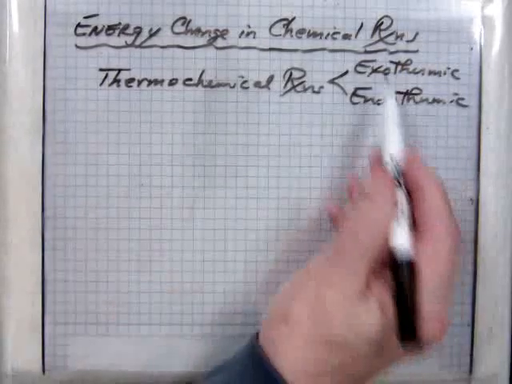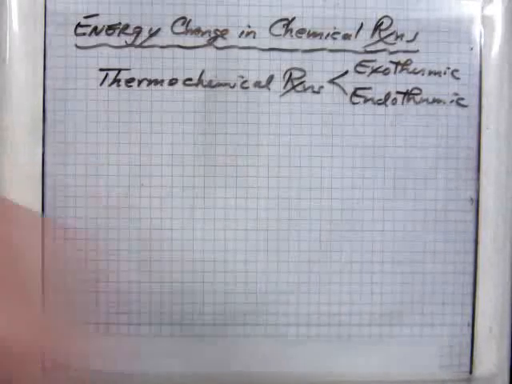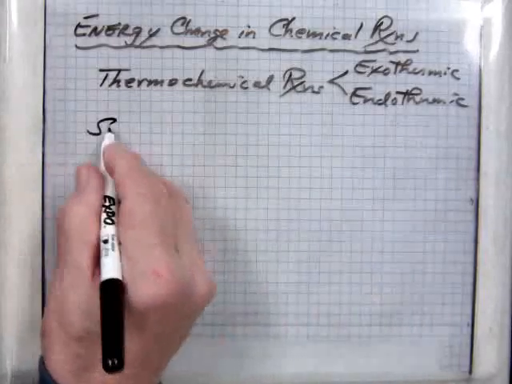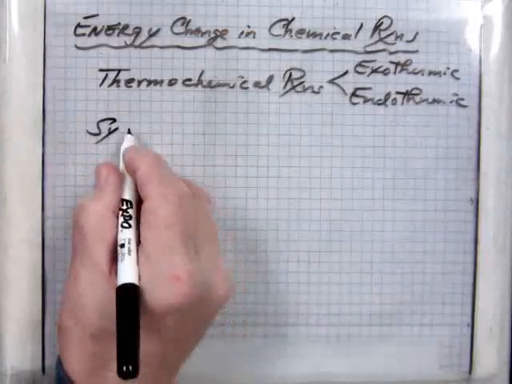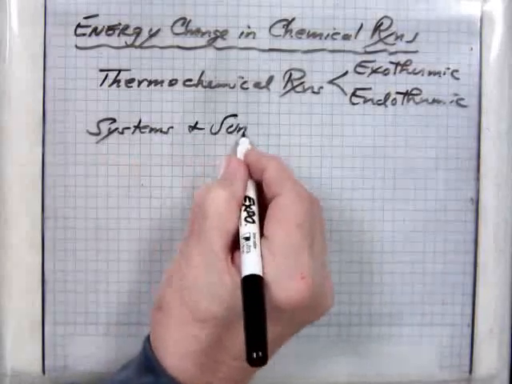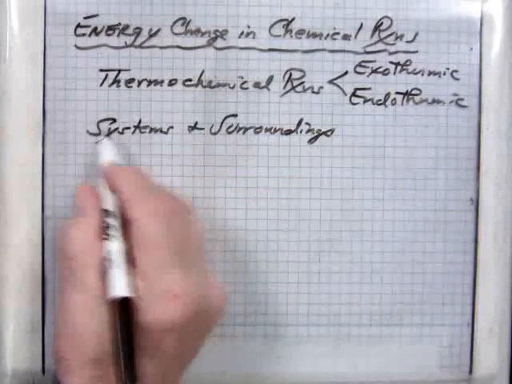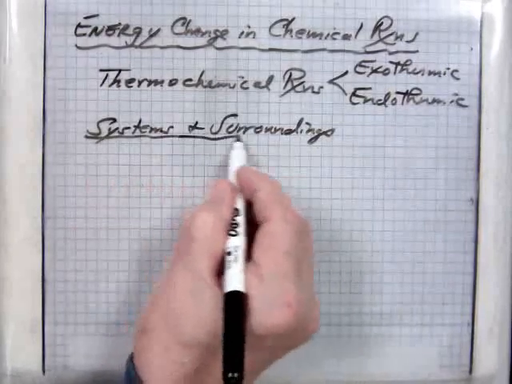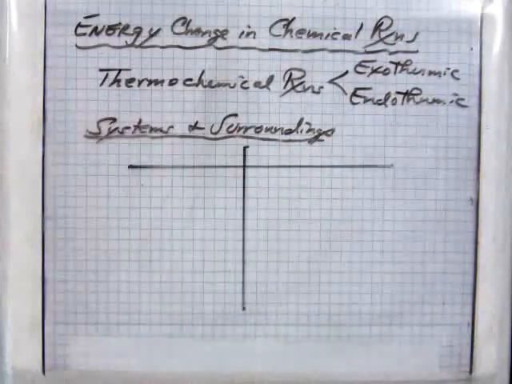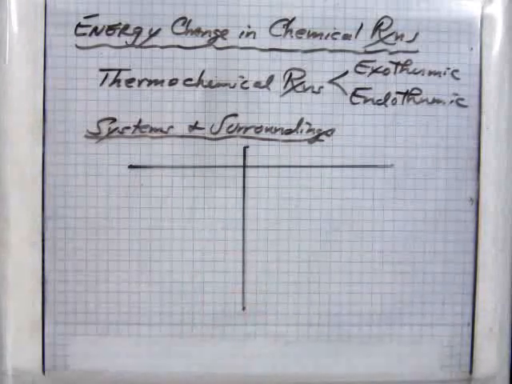Now, in order to truly understand the use of the terminology, we need to look at what we call the system and surroundings concept. I think I've used this before. This is a T-table. This little cross-haired looking thing like this.